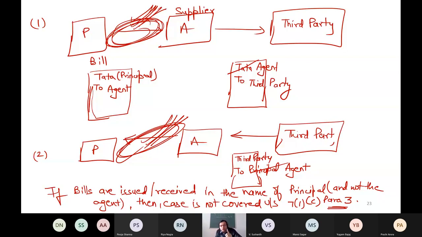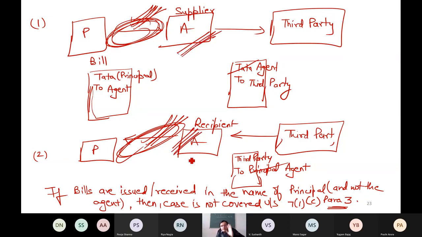I hope you remember, I hope you have understood this point. If you want to be covered as a principal agent under section 7 subsection 1 clause C paragraph 3, then the necessary condition is that as an agent you have the full authority to issue the bill in own name when you are a further supplier and to receive the bill in your own name when you are a recipient.